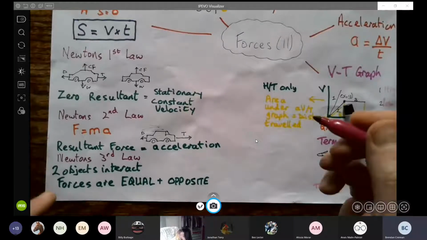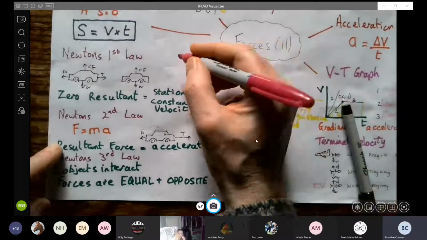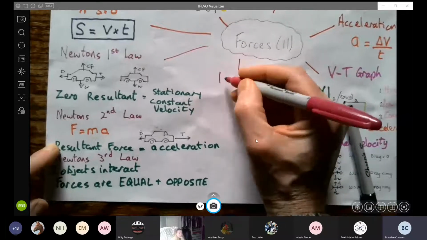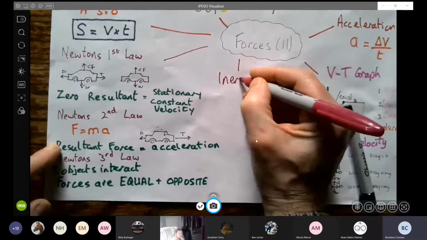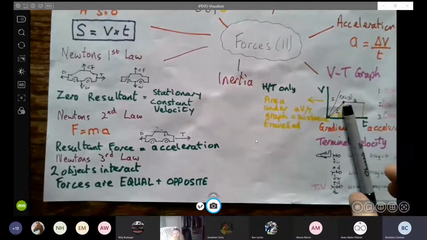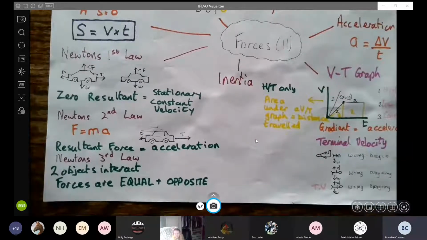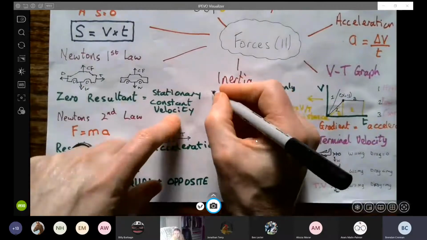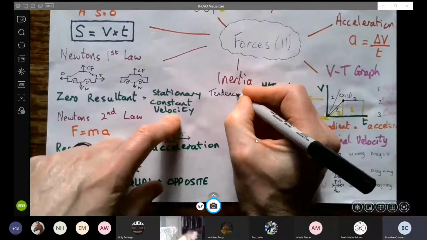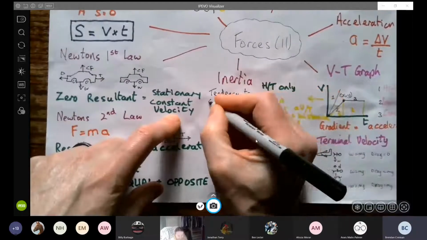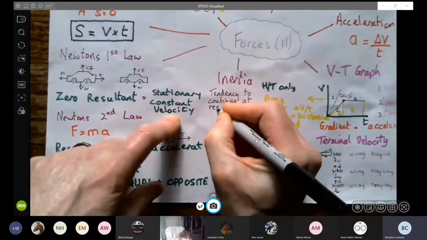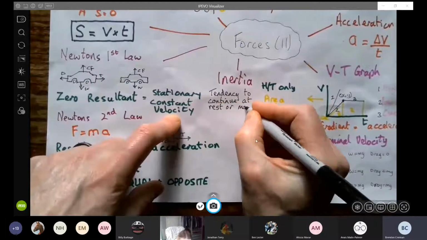Okay, the next section is inertia, which is basically just for higher tier. It goes with each of the laws. So for inertia, what actually is it? It is the tendency to continue at rest or in motion.